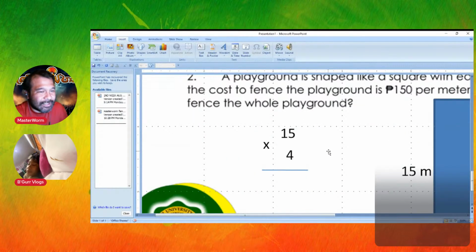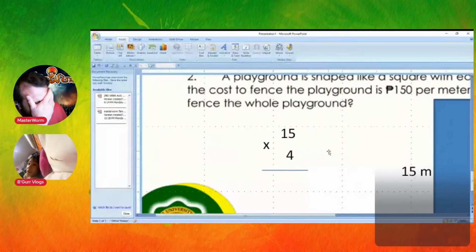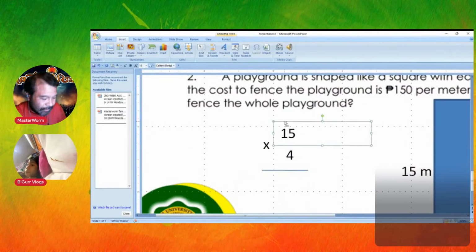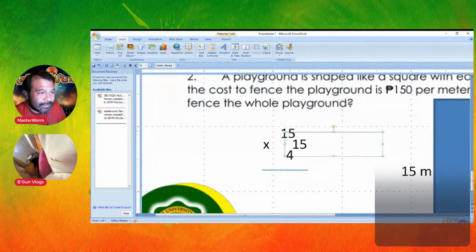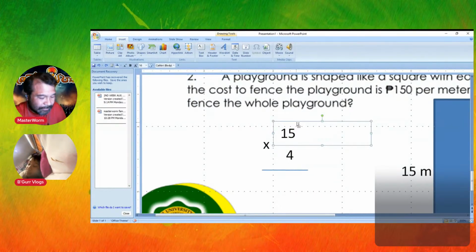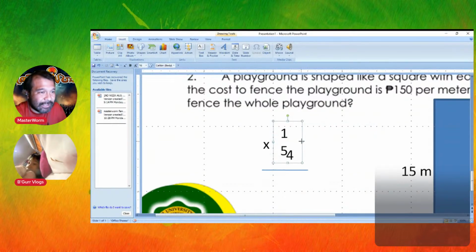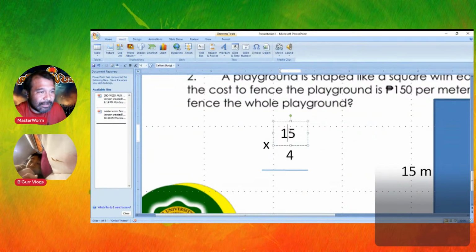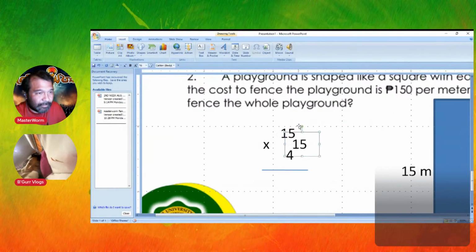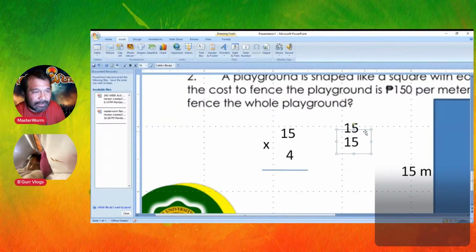If you don't know how to answer that yet, this is how 15 times 4 looks like, baby. It's 15 plus 15 plus 15 plus 15. 15 times 4 is also the same as 15 plus 15 plus 15 plus 15.